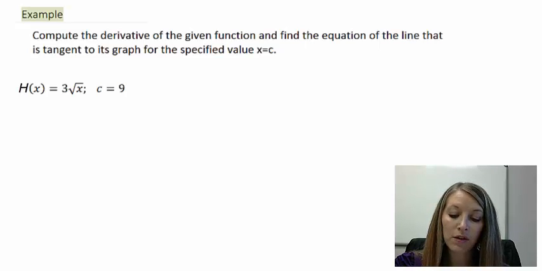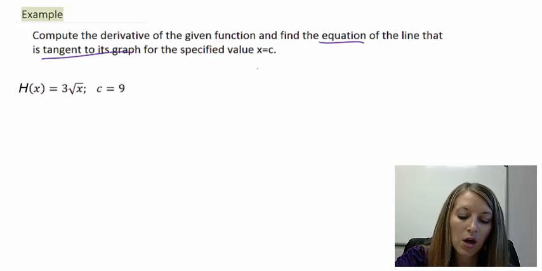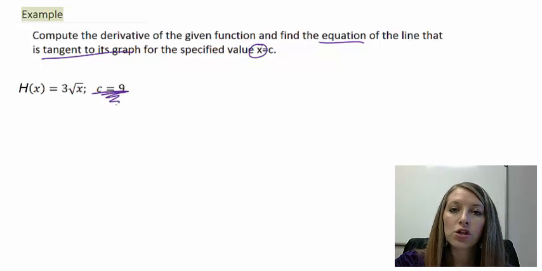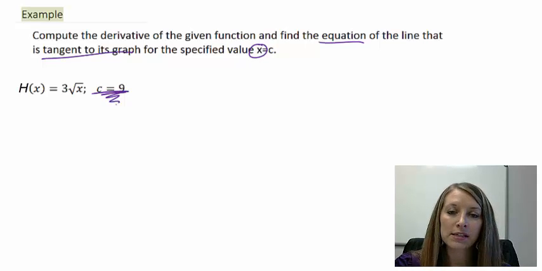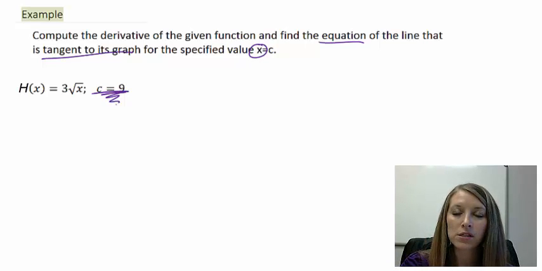Compute the derivative of the given function, which we just did in the last step, and find the equation of the line that is tangent, meaning finding the equation of the tangent line, to the graph for the specified value of x equals c. Now again, that's just new language to try and confuse you. So basically this is saying find the equation of the tangent line when your x value is equal to this value here. So don't get confused about why it is using x's, why it is using c, and so forth.